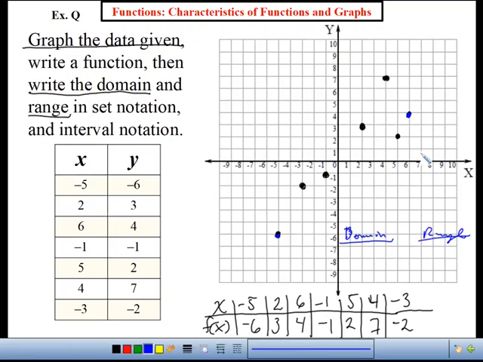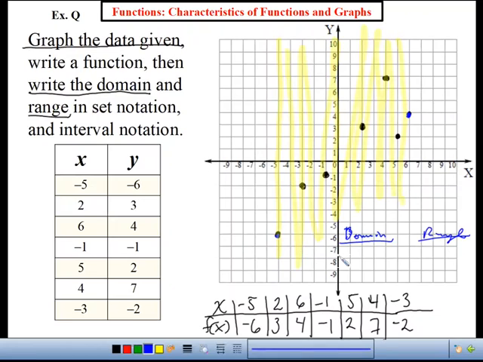Now, I know some of you are saying, well, I thought it was the one way on top, Mr. Q. Yeah, right now we're focusing on the domain, so that's why we're going from left to right, okay? So if we're going from left to right, guys, for those of you that don't see it, I can take my highlighter and highlight. I'm going to start from farthest left, the very first point I encounter, which is that one, then highlight going to the right and stop on the last point, which is that one.